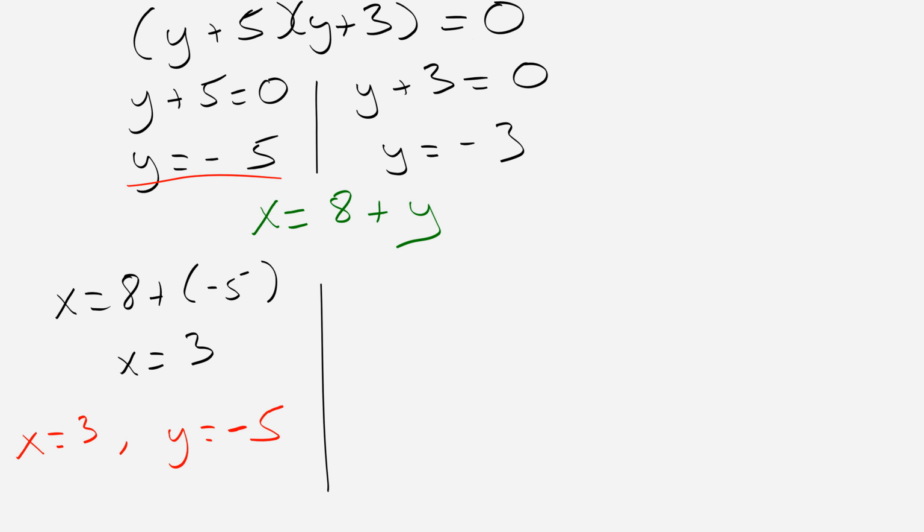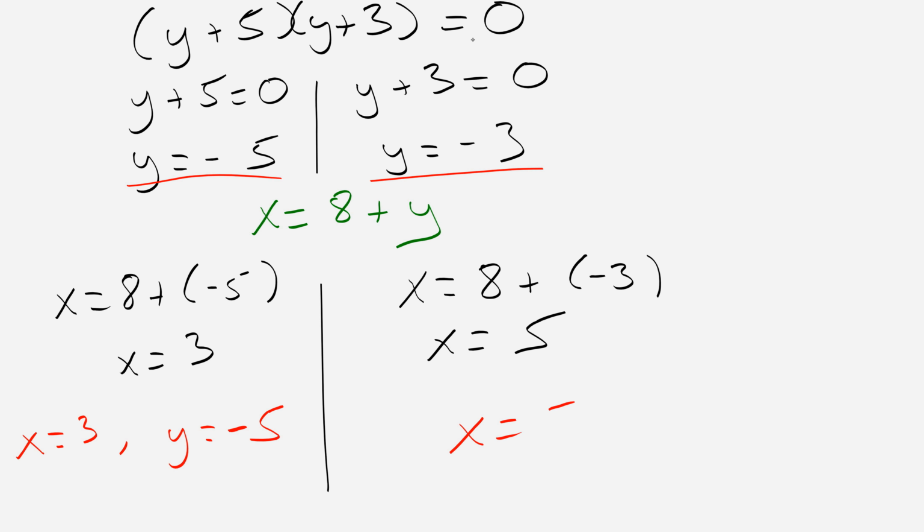And then similarly, when y is equal to minus 3, we get our corresponding solution. x is equal to 8 plus minus 3. So x is equal to 5. So this solution therefore is x is equal to 5 when y is equal to minus 3. So that is how you approach nonlinear simultaneous equations.